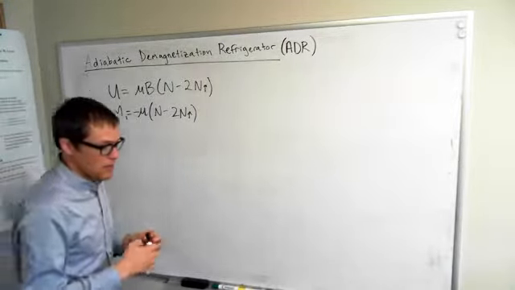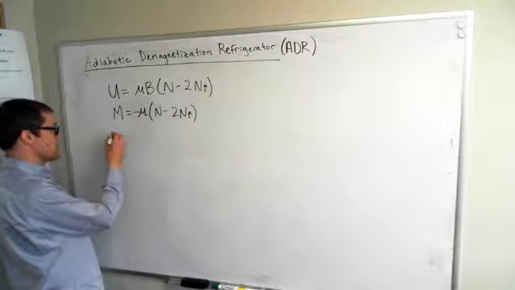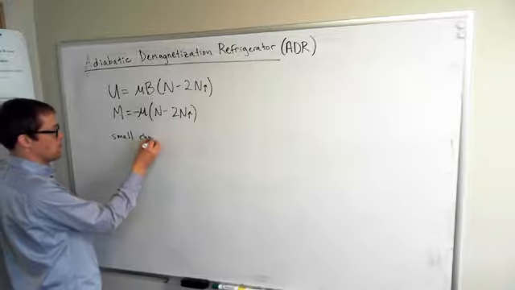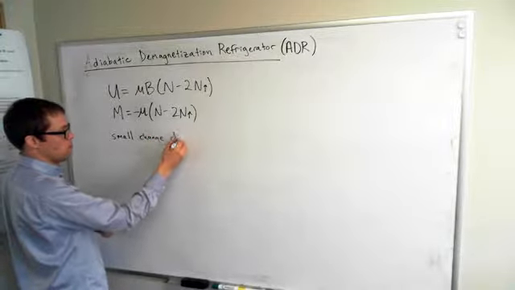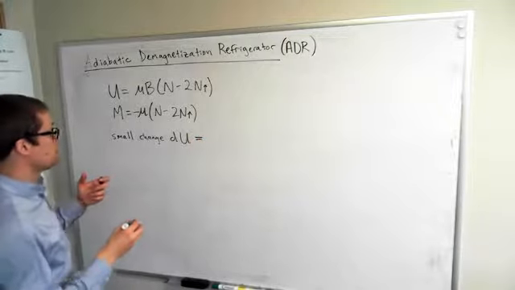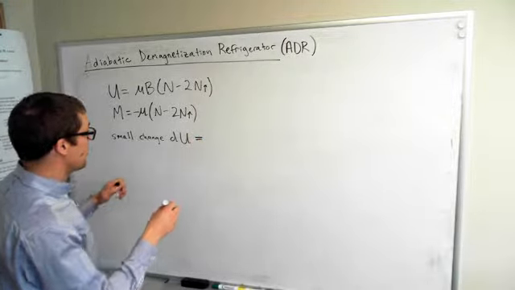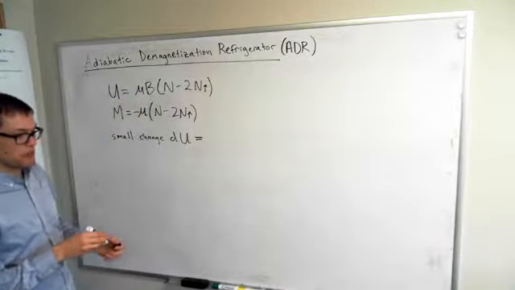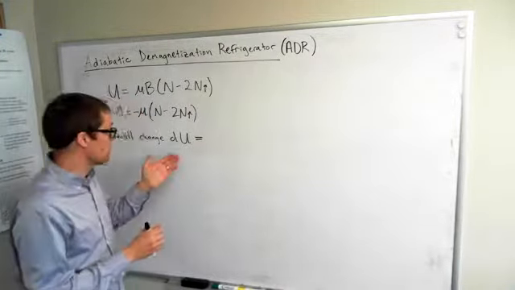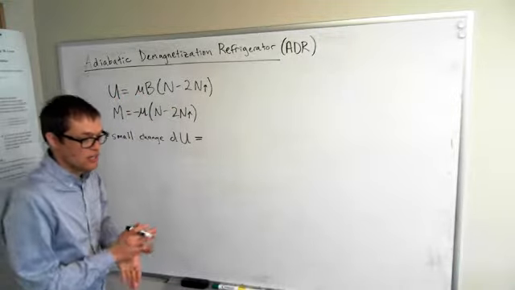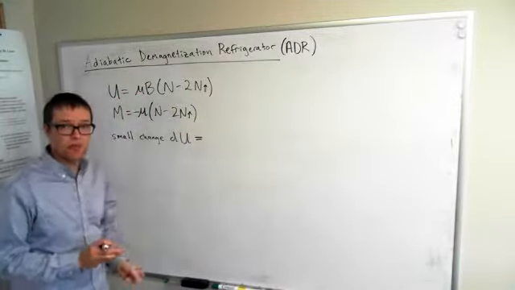Okay, so now if we consider a small change in energy, well, in the past we considered a small change in energy where B was fixed, but here we're going to allow this energy to change due to some change in B as well as some change in the number of up-pointing dipoles.